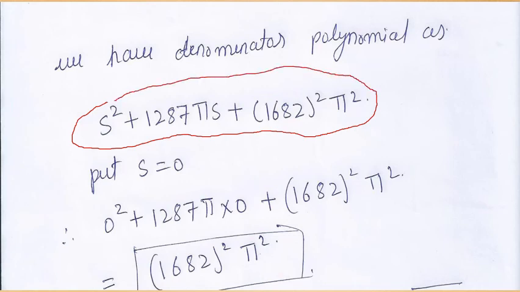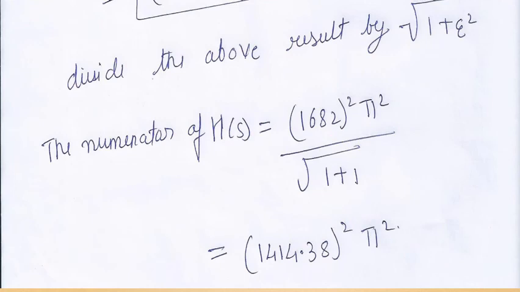Now in this denominator polynomial, wherever there is s, we substitute it as 0. Once we do that, we get the value as 1682 square multiplied by pi square. As mentioned in the previous slides, after substituting the value of s as 0 in the denominator polynomial, we have to divide the result by square root of 1 plus epsilon square.